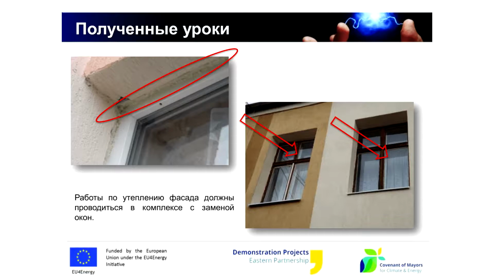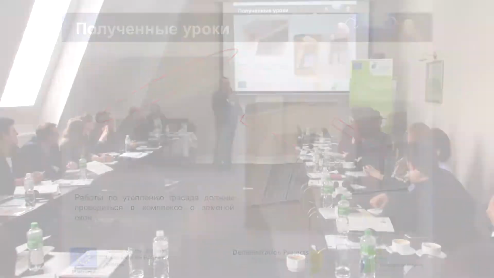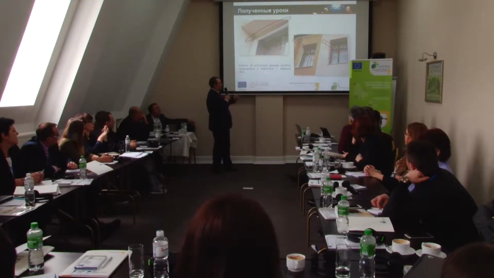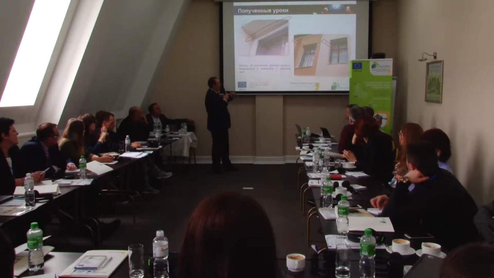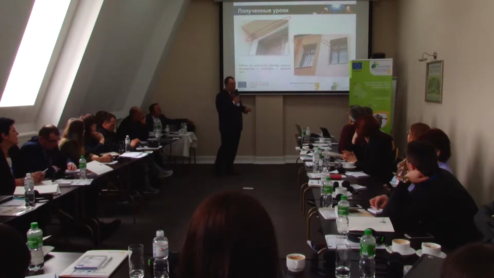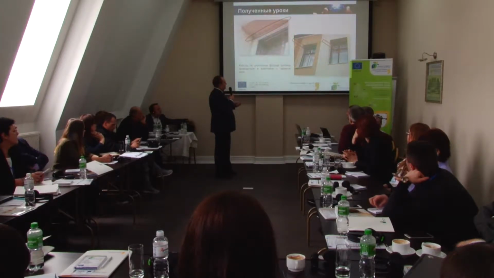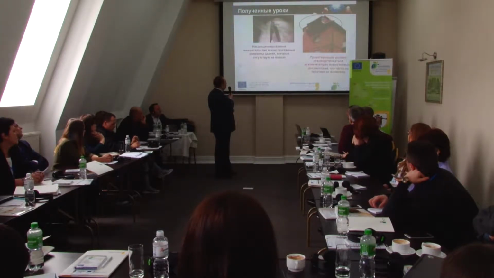So they didn't do it during the insulation stage, they did it later, and as a result they damaged the existing insulation, they had some faults, and again there were negative consequences later. So in case of thermal refurbishment of a building, all the windows should be replaced in line with the facade insulation.